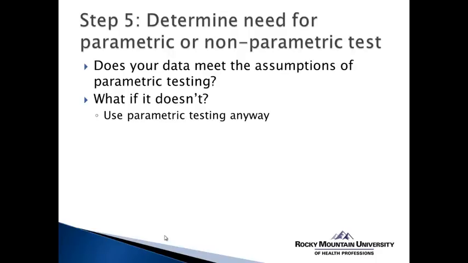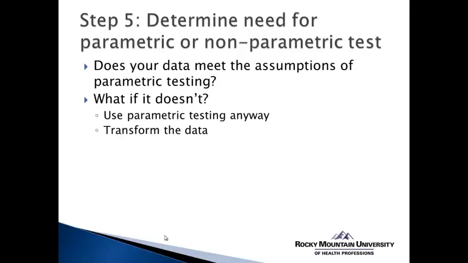Some authors will argue that many of the approaches, especially the more advanced types of ANOVAs, are robust enough that they can overcome minor violations of the assumptions, particularly if we have a large sample size. But if you decide to go ahead with the analysis of parametric statistics, even though you have violated some of the assumptions, you need to justify that. So if you're writing up your research, you need to justify the fact that you've done that.